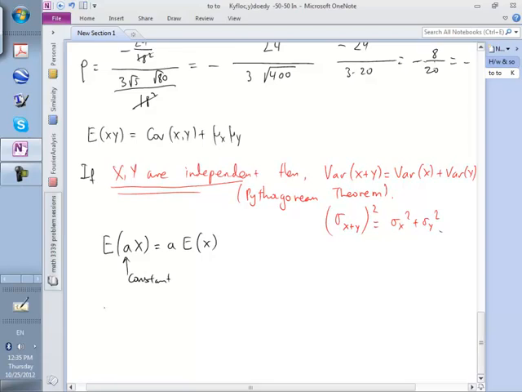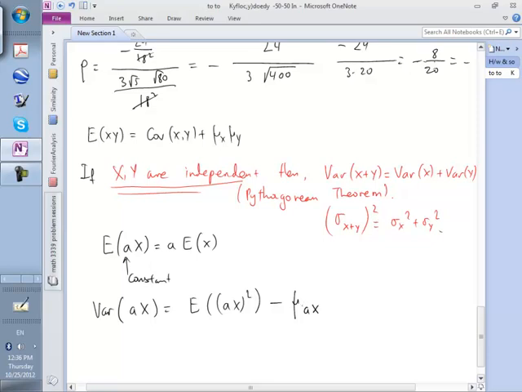And if we do the variance, I can actually show that. If we take the variance of A times X, that's the expected value of A times X, all of it squared, minus the mean of which random variable?